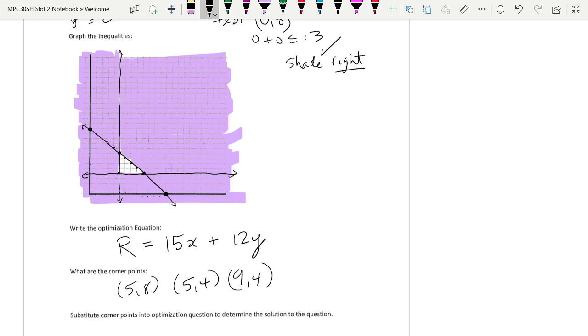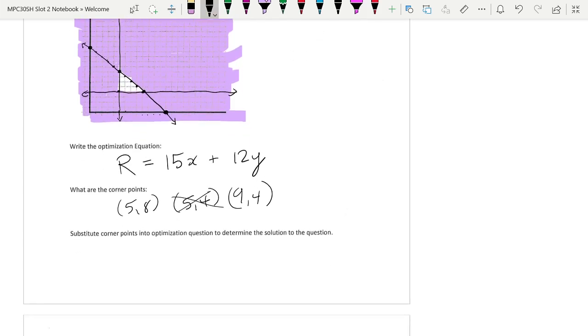Okay, so if the coefficients here are positive, there's no way 5, 4 could beat 5, 8. And I could have looked at it the other way. There's no way 9, 4 could have lost to 5, 4. So that one isn't even worth trying. But I honestly don't know, just looking at it, 15 times 5, 12 times 8, or 15 times 9, 12 times 4. What's bigger? Let's check. So my revenue, if I have 5, 8, would be 5 15s plus 8 12s.